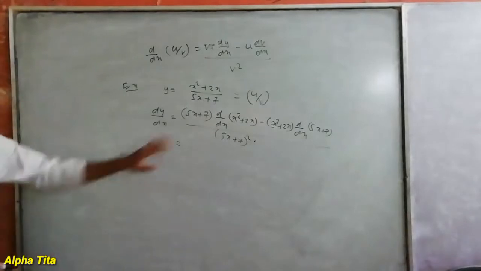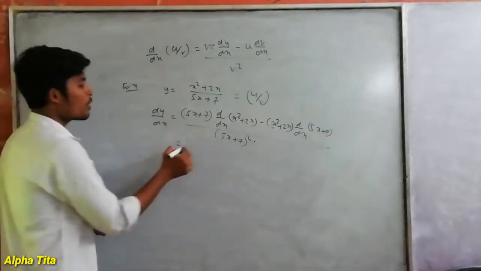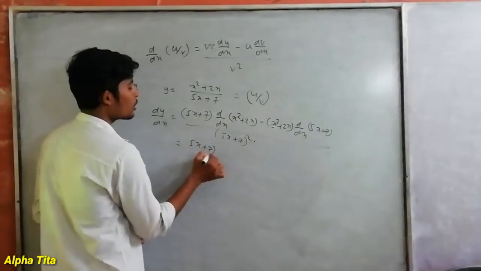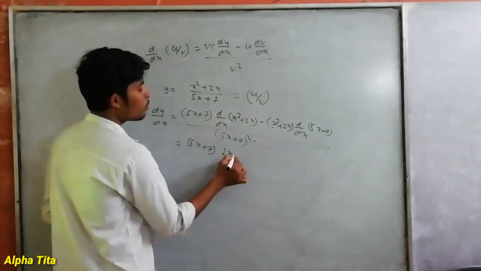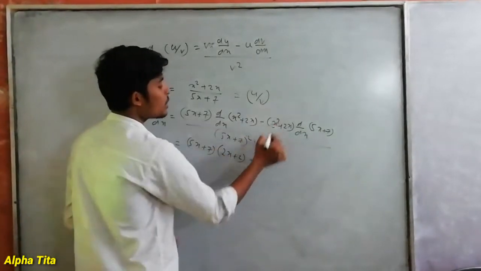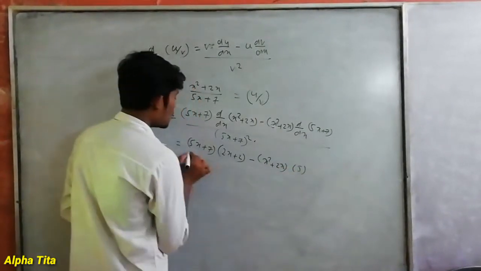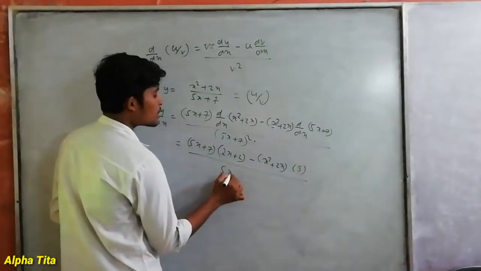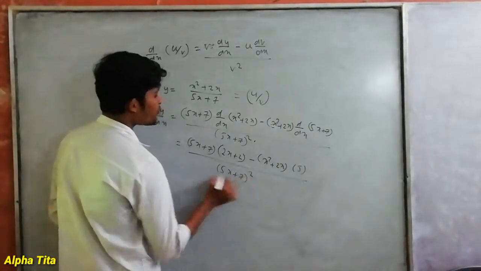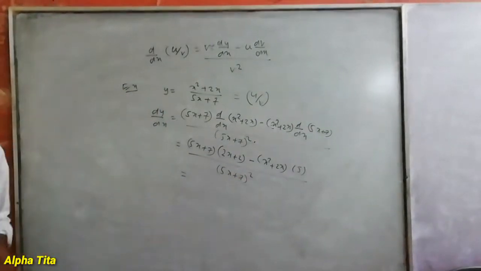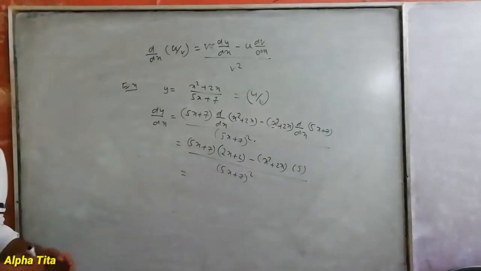Then you have to just simplify this. 5x plus 7 times 2x plus 2, minus x square plus 2x times 5, divided by 5x plus 7 whole square. Then just multiply this and solve.